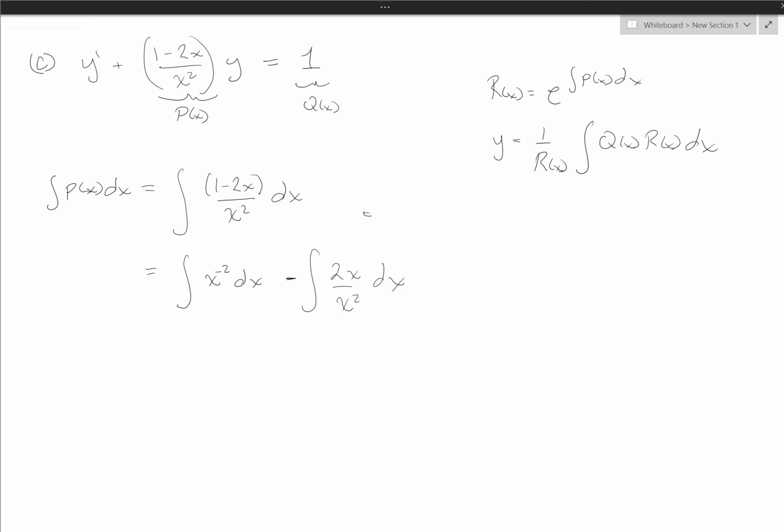So let's do that. So what's the integral of x to the negative 2? Well, it becomes x to the negative 2 plus 1 over negative 2 plus 1. Plus, it's an indefinite integral, so we need to add a constant. And then subtract this integral.